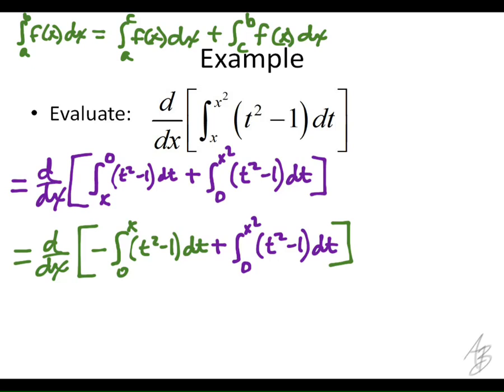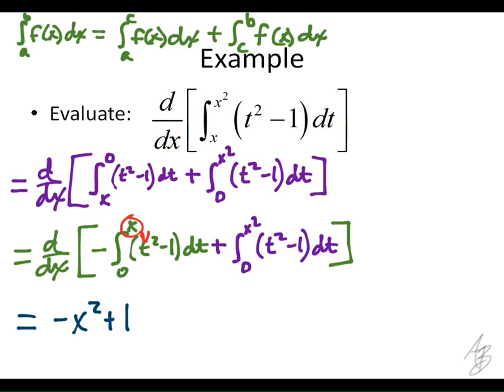What's the derivative here going to be? When we put x in for t, what do we get? X squared minus 1. But it's the opposite of x squared minus 1 because we have that negative out front. So it's going to be negative x squared plus 1. Is everybody okay with that?